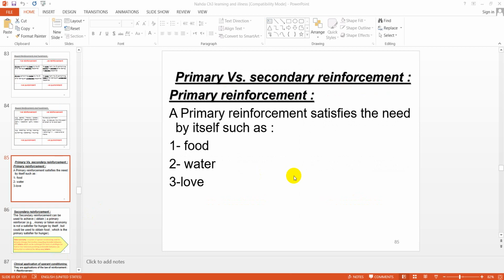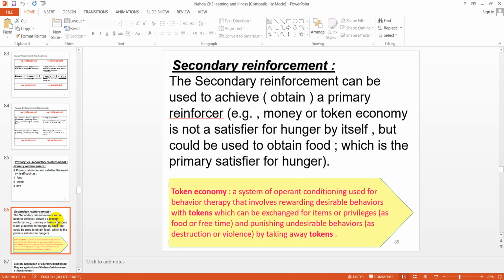Also, we differentiated between primary and secondary reinforcers. The primary reinforcer is the primary satisfier for the need. So a primary reinforcement satisfies the need by itself. But the secondary reinforcer cannot satisfy the need by itself, but through it we can get some primary reinforcement which will be able to satisfy our needs.